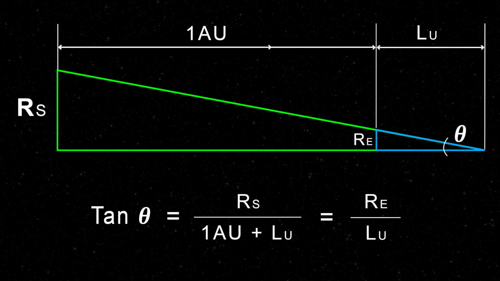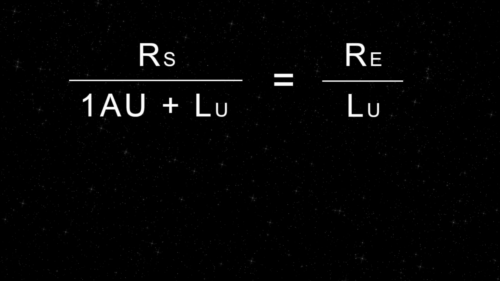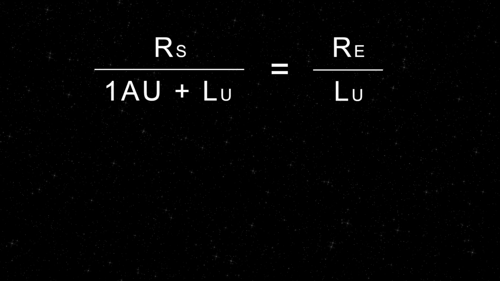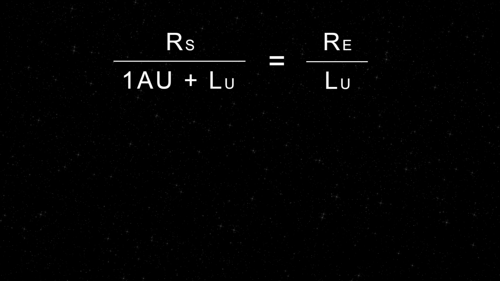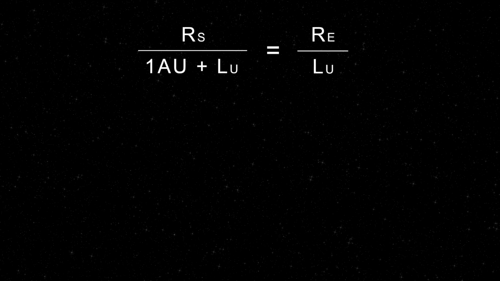What saves us is the fact that the two terms for calculating the tangent value to the right of the tangent theta term are set equal to each other. In other words, we can simply drop off the tangent of theta from the left, and we are left with a single equation with only one unknown value, L sub u.